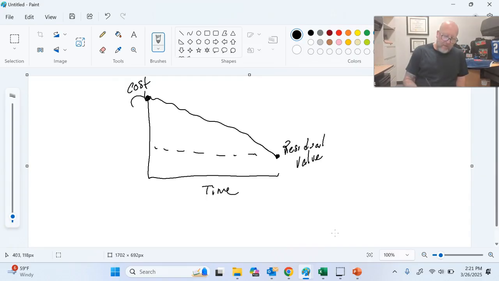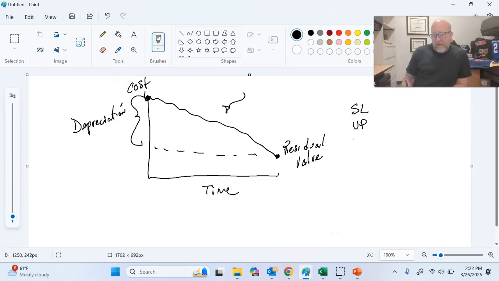The difference between the original cost and the estimated residual value, that is what we are referring to as depreciation. And then we are saying there's three methods to calculate this decline, and that would be straight line, units of production, and I'll just call it double declining balance.